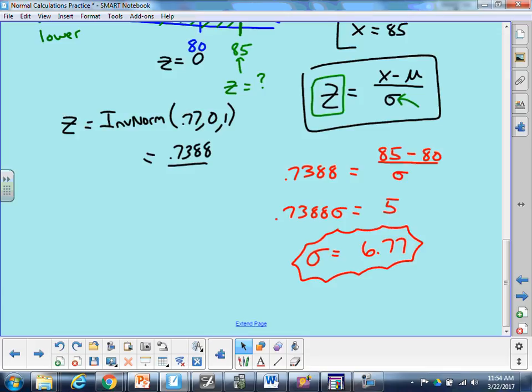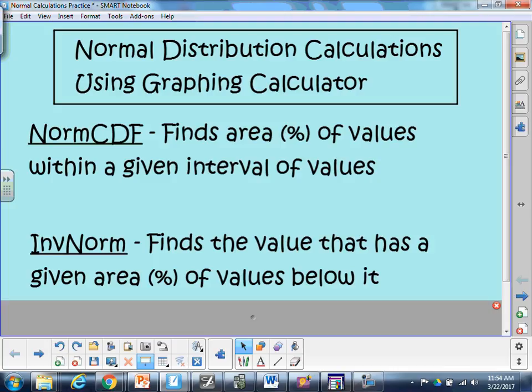Okay, so hopefully that helped. Again, make sure you're comfortable with the calculator. There's really only two commands that we're going to be using here, and it's all about what you're given and what it finds. So if you're given an interval, or you want to find a percentage that's greater than or less than or within some interval, you're going to use NormalCDF.